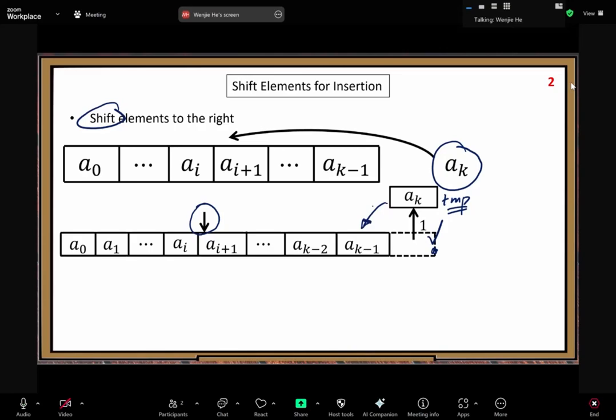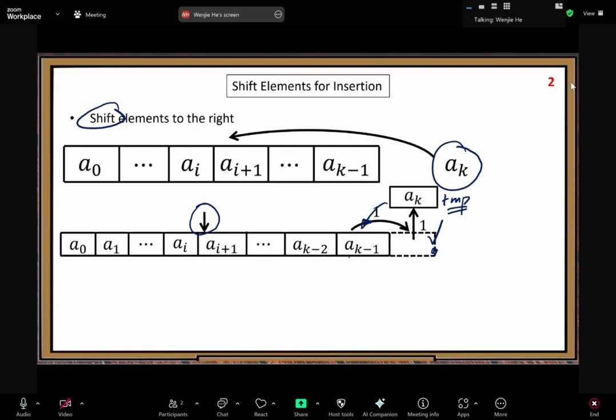first element. If A[k-1] is greater than A[k], then we can do the shift operation, shift to its next right element, so one position to the right.